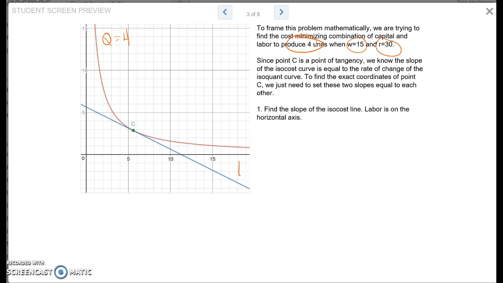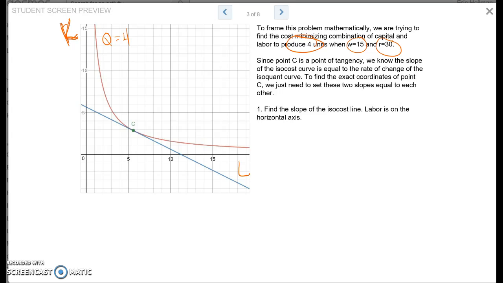The rental rate is $30. I'm going to use K for capital. Point C is a point of tangency. The slope of the isocost and the rate of change of the isoquant curve are going to be the same. So the first thing we need to do is figure out the slope of the isocost line.